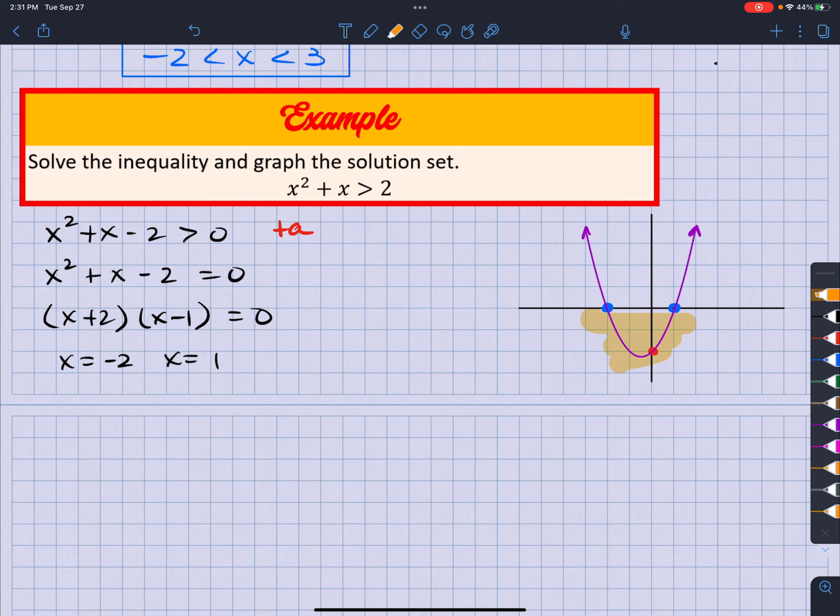Look at what the inequality is asking for. The inequality says, when is this graph greater than 0? That means above. Greater than. So it's really talking about this area here, these two arrows here where it is greater than.